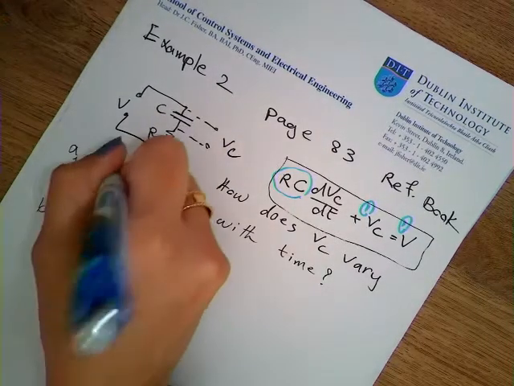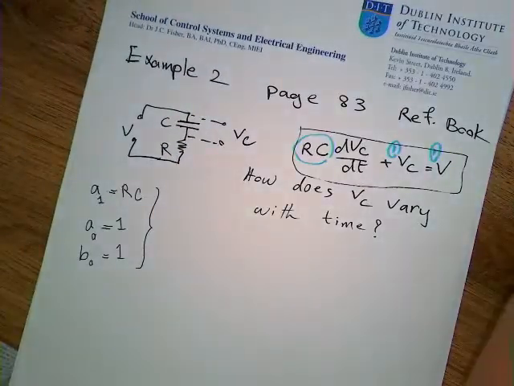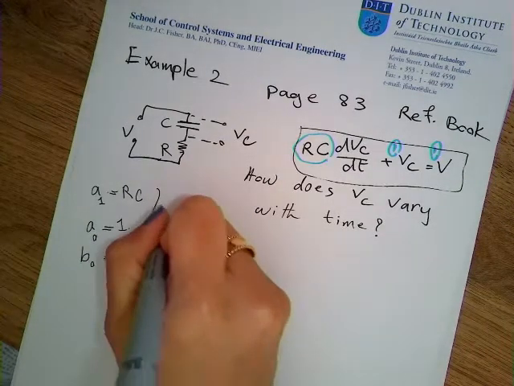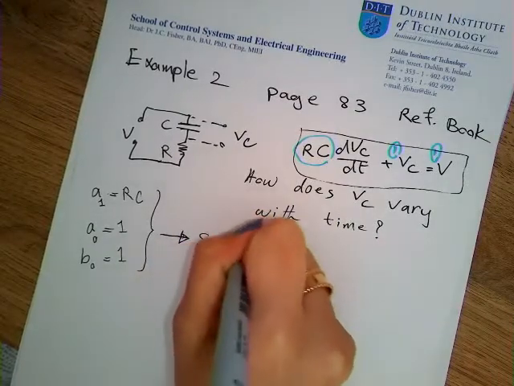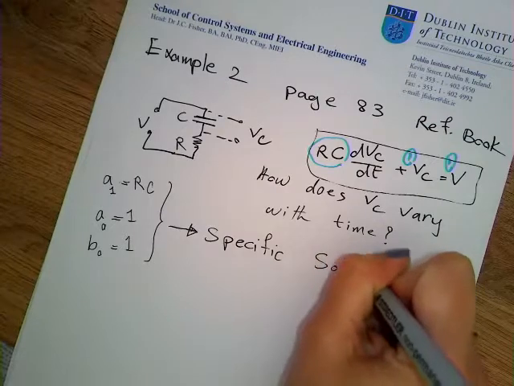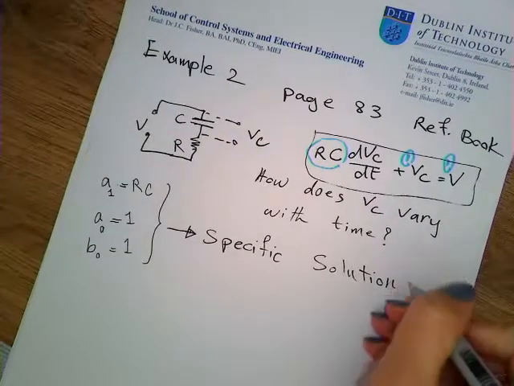I'm just going to replace this into my specific solution, and that will give me the specific solution which includes both my transient and forced solution.